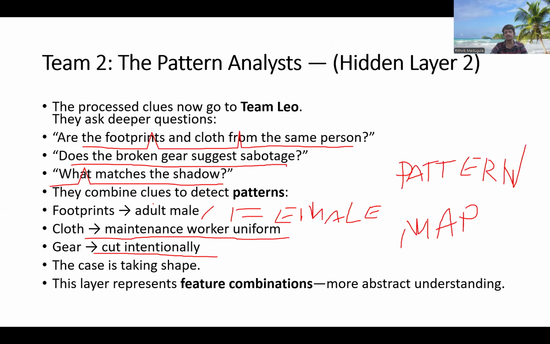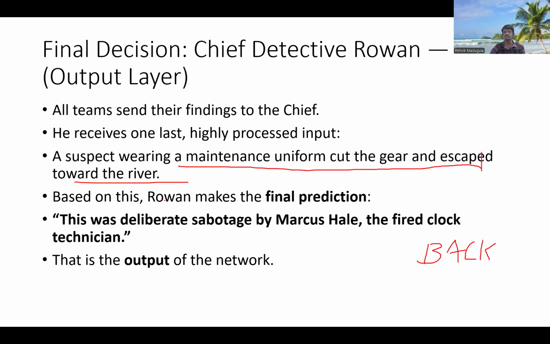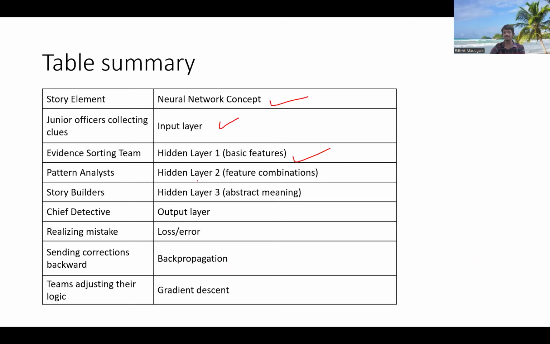We have footprints with the help of size and direction, gear with size of force, cloth with material and color, and the CCTV footage, that means the shadow of that particular person. These come up in the basic feature extraction in the first hidden layer.